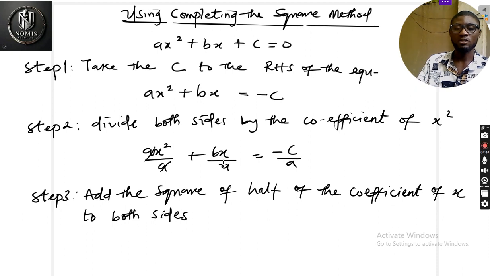What's the coefficient of x? b all over a. So remember that this is x squared plus b all over a x equals minus c over a. So to both sides, you must add the square of the half.